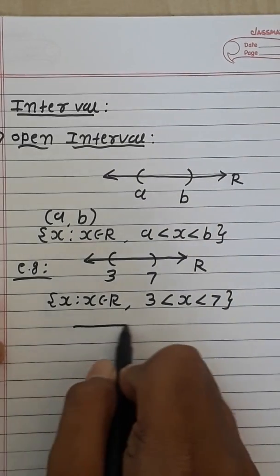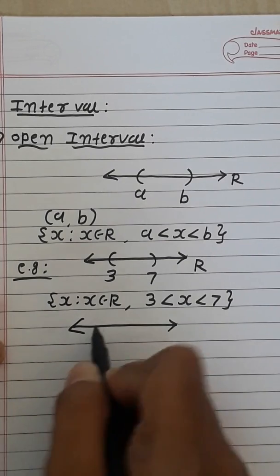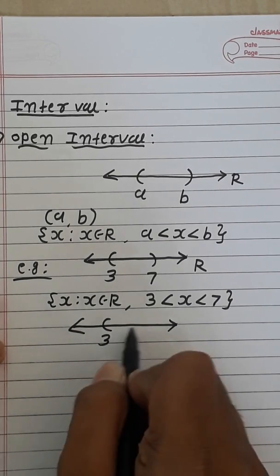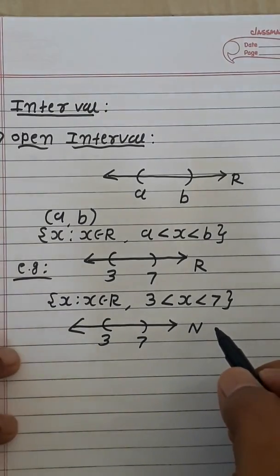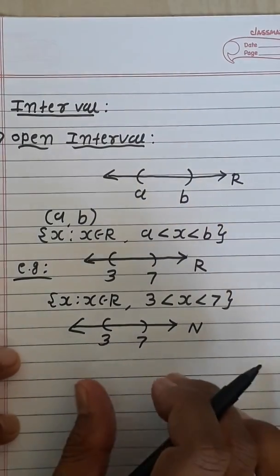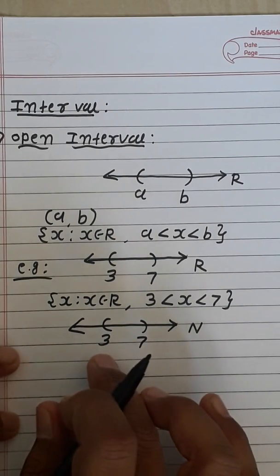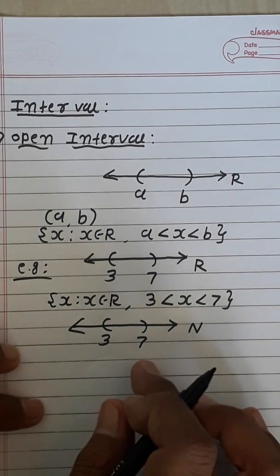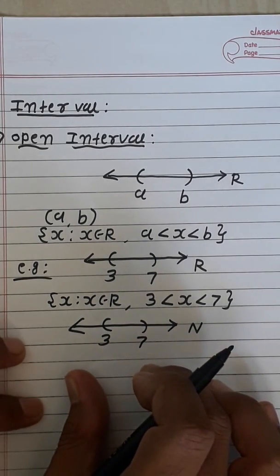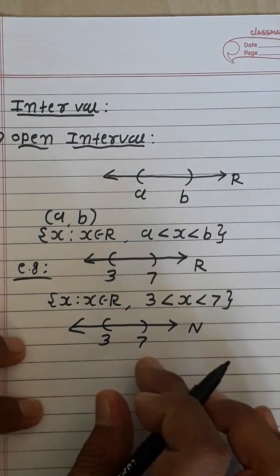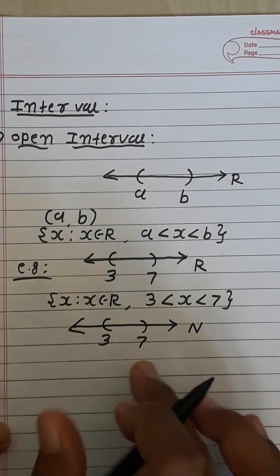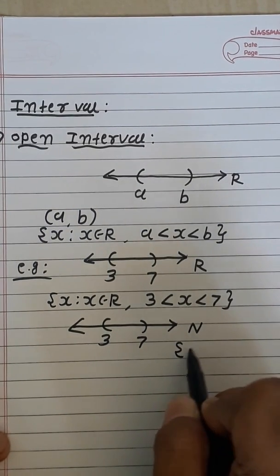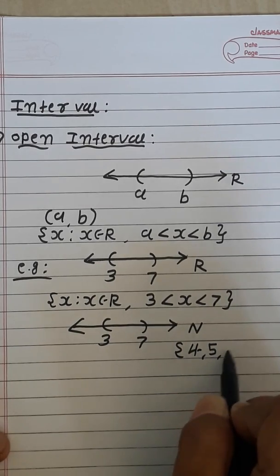But for the same example, we can consider natural numbers. Suppose open interval 3 and 7, considered in natural numbers. Which numbers can we write in this set? Open interval means all the numbers between 3 and 7, so talking about natural numbers, we consider the set {4, 5, 6}.